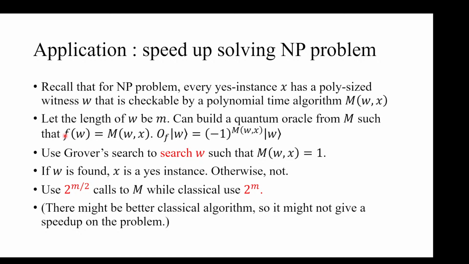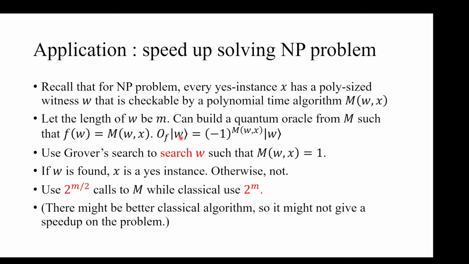So you can compute this f of w, which actually depends on x. So you say f of w equals M of (w, x). This f depends on x, but we are just not writing x here to make the notation simpler. So you can build the f of w that checks every w for your input x.